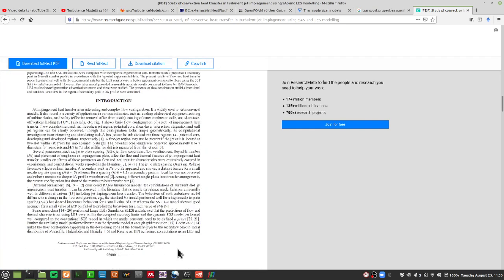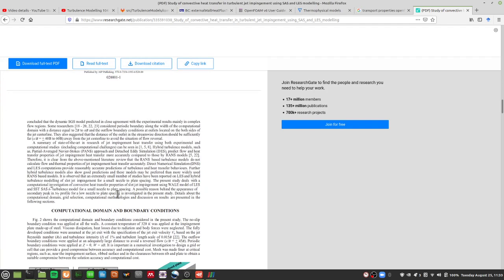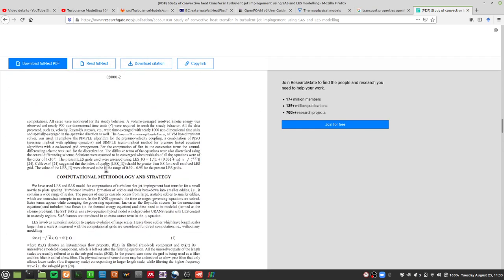I kind of covered this in my OpenFOAM heat transfer series, but since I don't assume any of you actually watched that, I'll just go ahead and explain. They use this OpenFOAM solver called buoyantPimpleFoam, which uses the Boussinesq assumption.